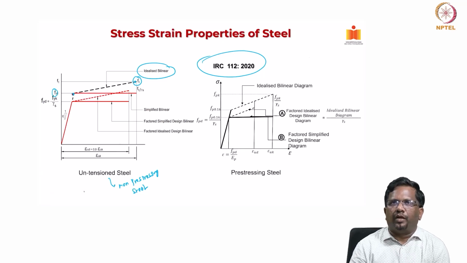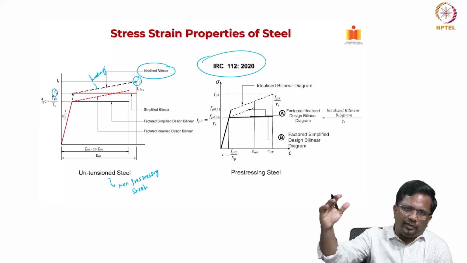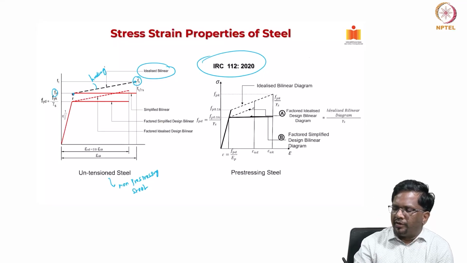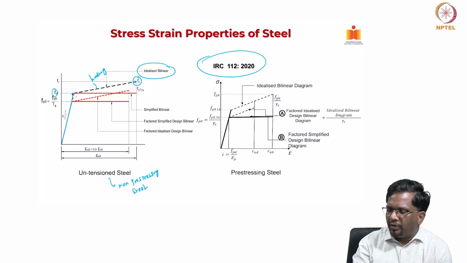Then this is with hardening, that means after yielding there is an increase in strength. This also can be idealized as a bilinear curve without any hardening. That is what is done here, this red color curve, and it goes like this and then you take it like this.